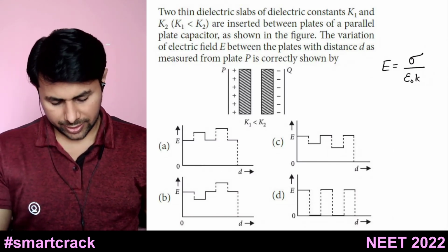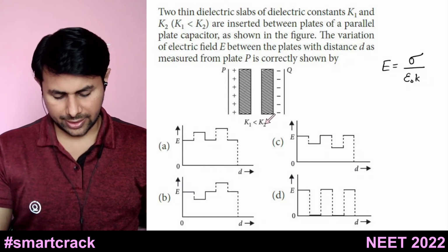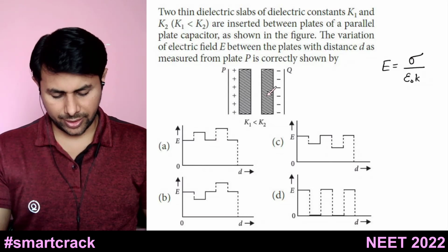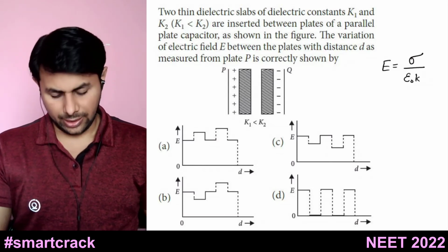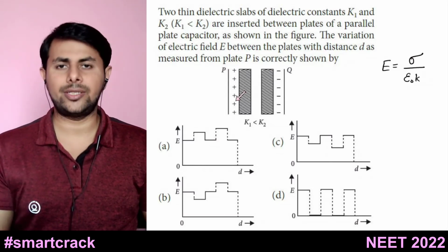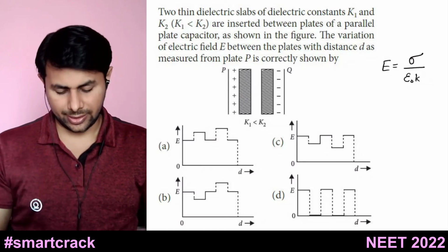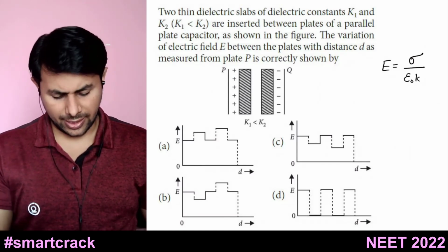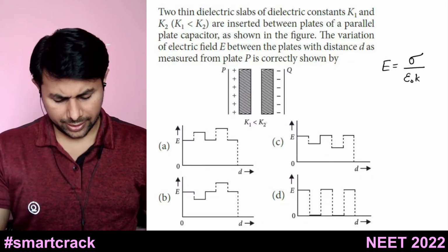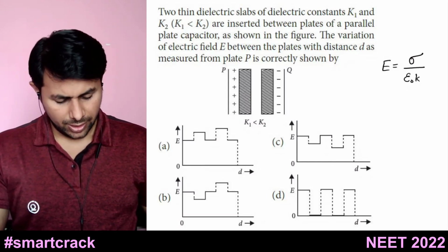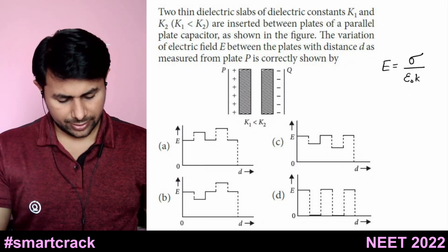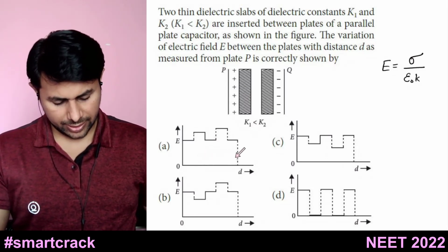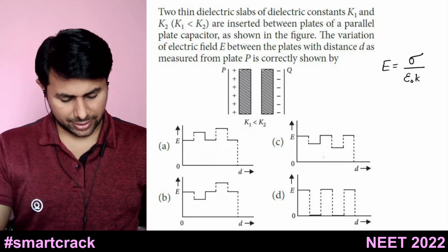It's given that K1 is lesser than K2. So the electric field in the region of free space or air will be more compared to the electric field where there is dielectric. And in that too, K2 is more than K1, so there the electric field will be least. In which option is that true?